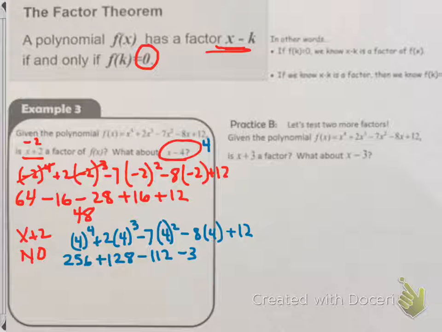Minus 32, because 8 times 4 is 32, plus 12. Punch that in the calculator: 256 plus 128 minus 112 minus 32 plus 12. I got 252 this time. So is this one a factor? The answer would be no.